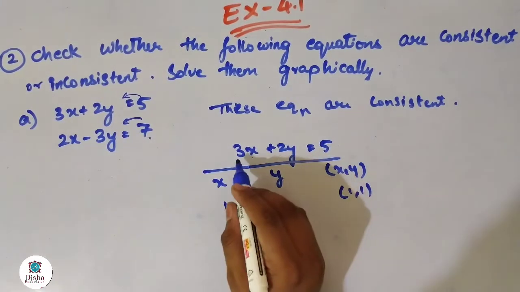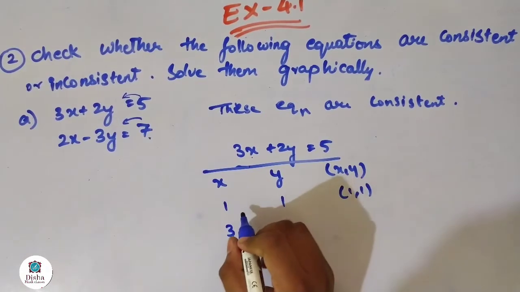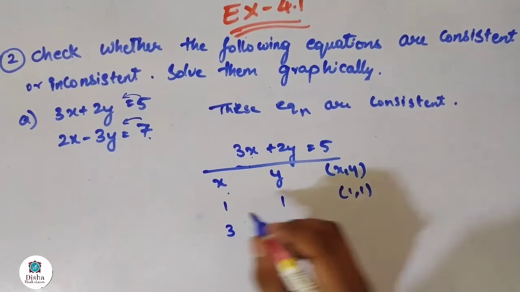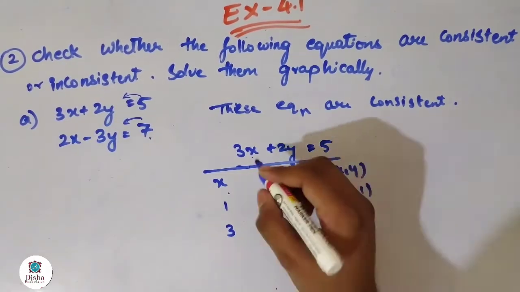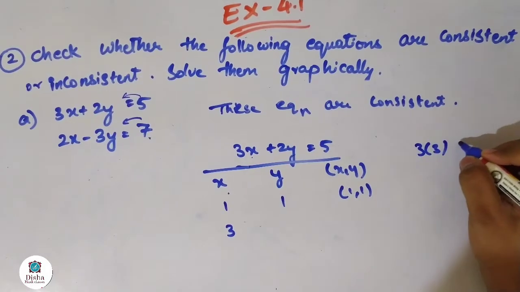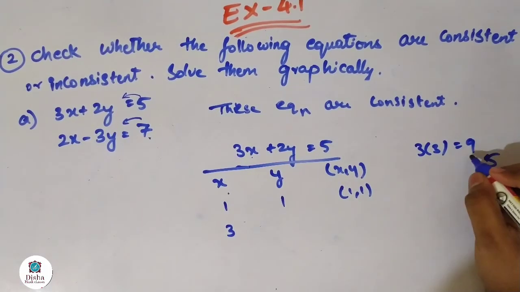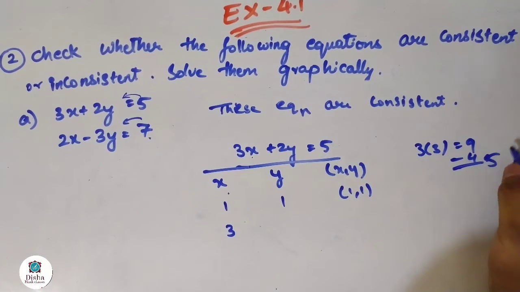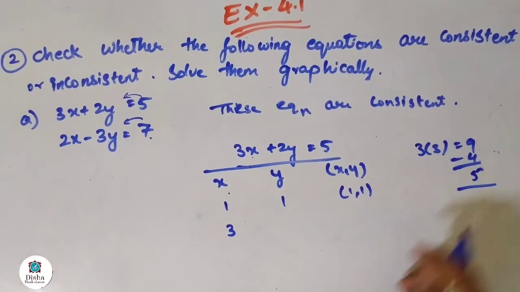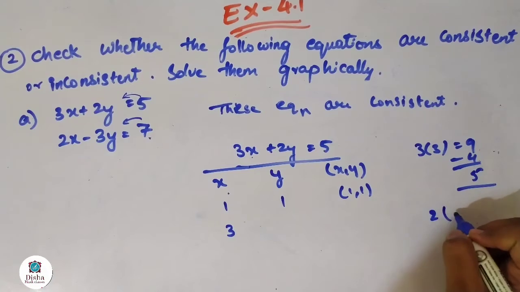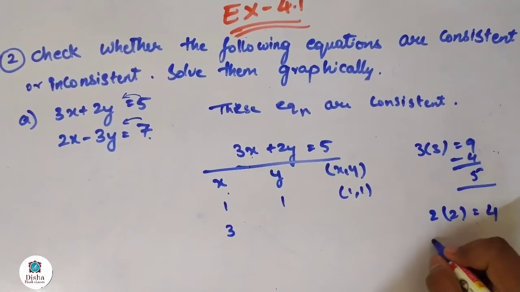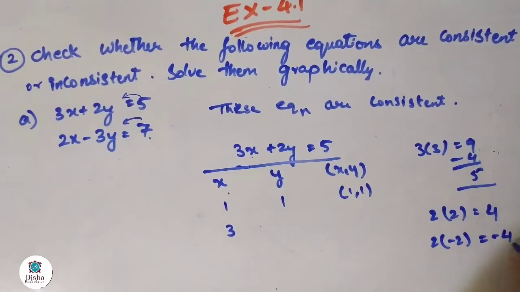Now next, 3 into 3 is 9. Now we have to subtract something from it to get 5. 9 minus 4 will be 5, right? So 2 into minus 2 will be minus 4.